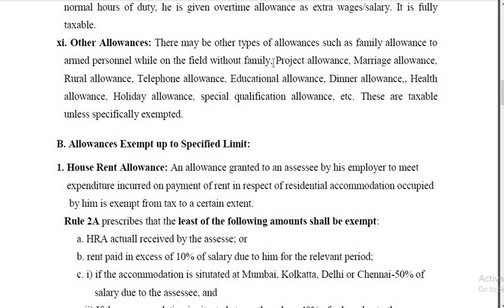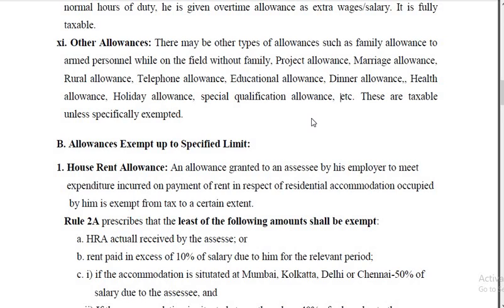If you achieve a special qualification, an additional incentive might be given, and that's called special qualification allowance. For example, in banks, if they pursue higher studies, sometimes they might be given an additional increment. That's called special qualification allowance.